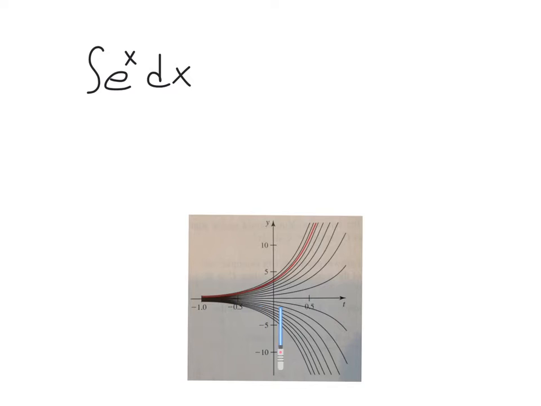Just ignore these bottom ones, the upside down ones, and concentrate on the ones in the first and second quadrant. If we took the integral of this, it would end up being e to the x, and then we'd have to add this c. That is an indefinite integral, and I'm pretty sure I misspoke in the video I did before this, so I'll go back and fix that eventually.